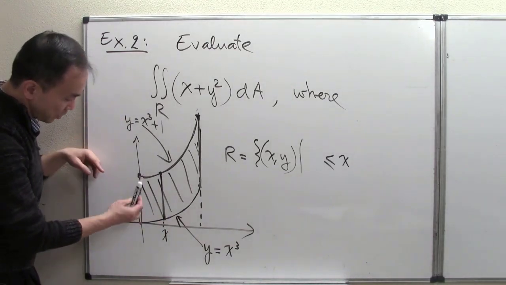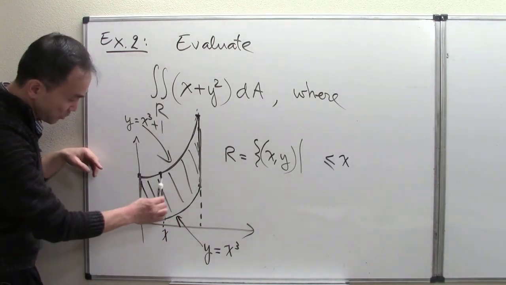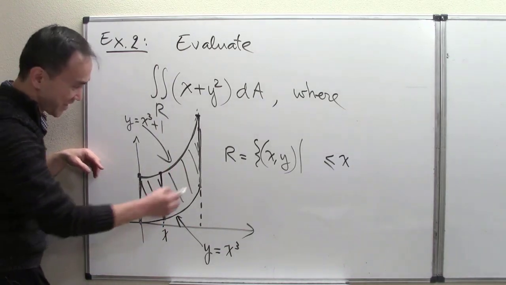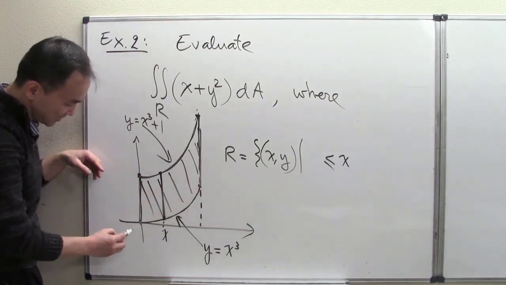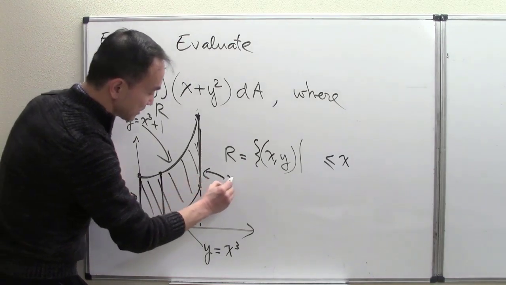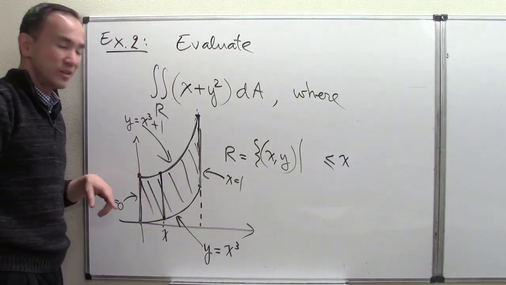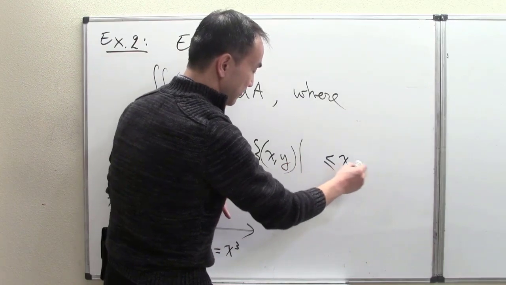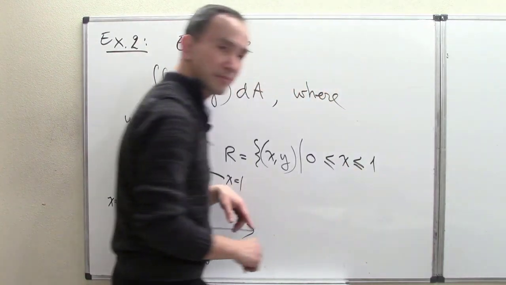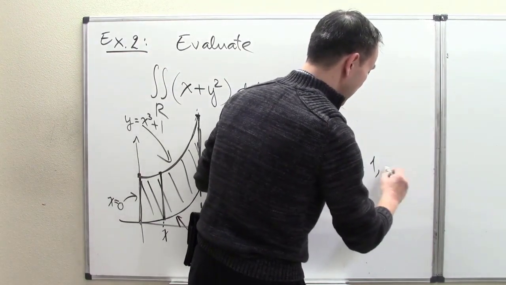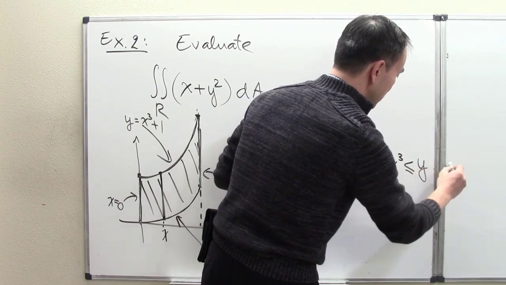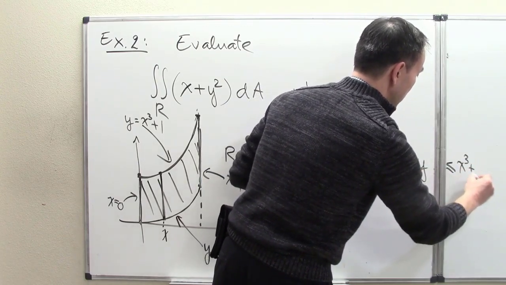And this region has a clear starting stripe and a clear ending stripe, at x equals 0 for this line, and x equals 1 for this one. So clearly the x variable changes between two constants, 0 to 1. And the y value changes from x cubed at the bottom to x cubed plus 1 as the upper one.